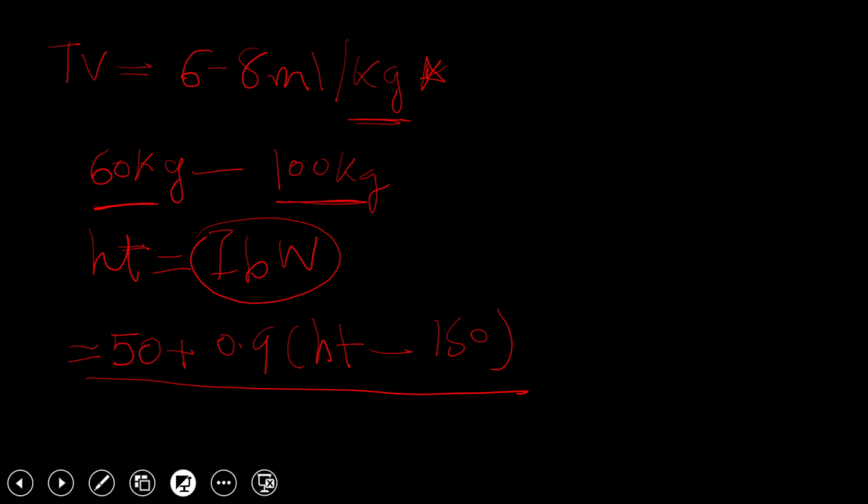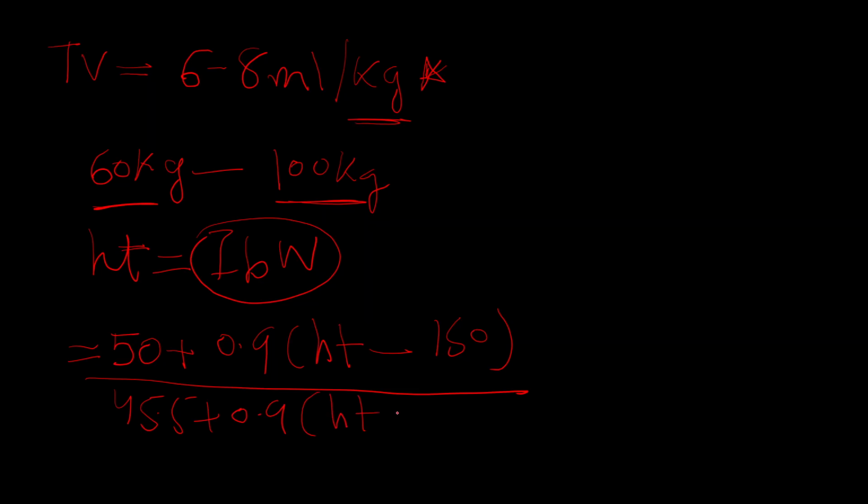For females it is 45.5 plus 0.9 times height in centimeter minus 145. These formulas are available. You have to use them to calculate the ideal body weight and then dial the tidal volume as per the ideal body weight of the patient to prevent the deleterious volutrauma.